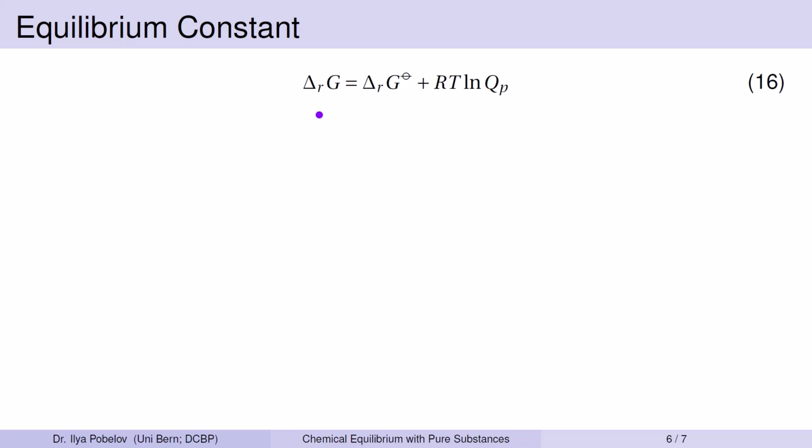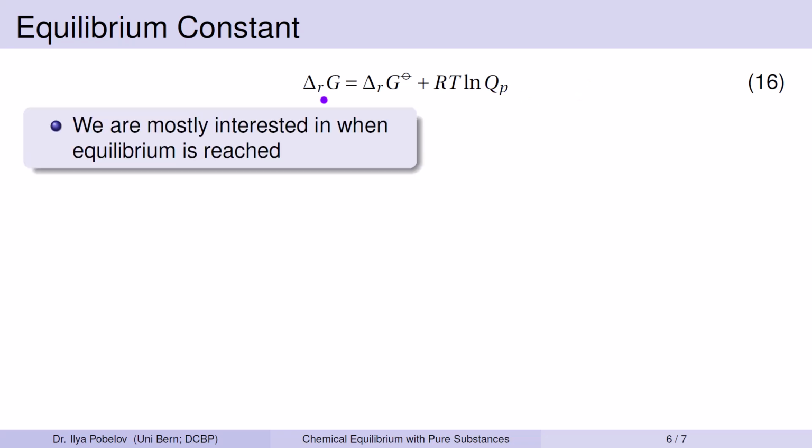The equation presented here shows that the current reaction Gibbs energy is the sum of the standard reaction Gibbs energy and the product of RT and the logarithm of the reaction quotient QP. While this equation is true for any point in a reaction, what interests us most is when equilibrium is reached.